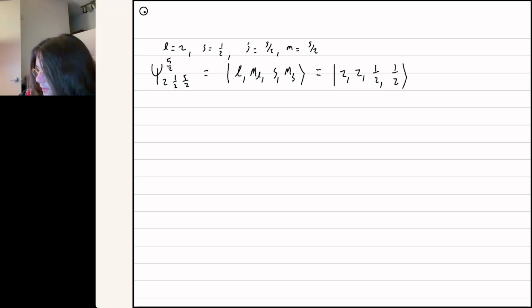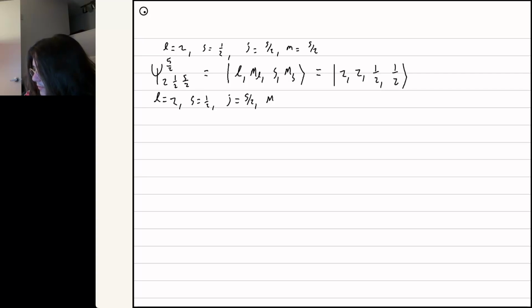Now, we'll look at M equal to 3 halves for this same case. To do this one, you want to use ladder operators.